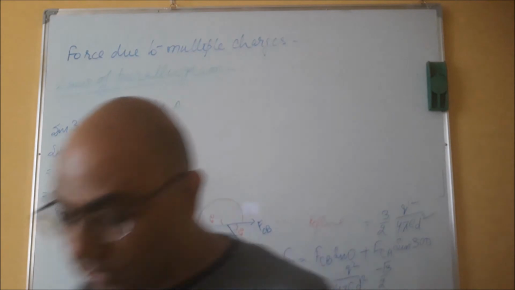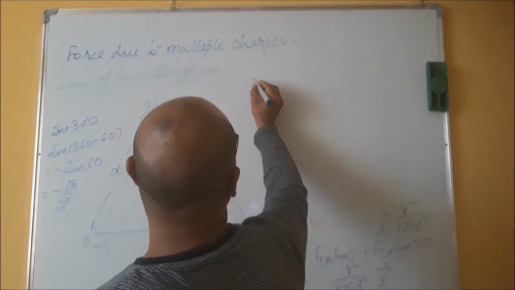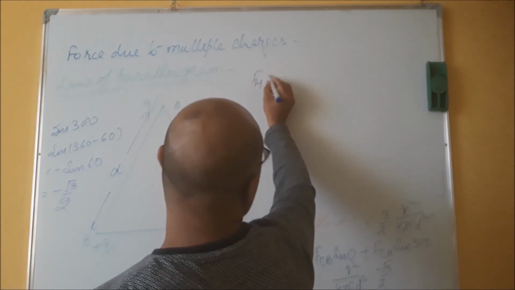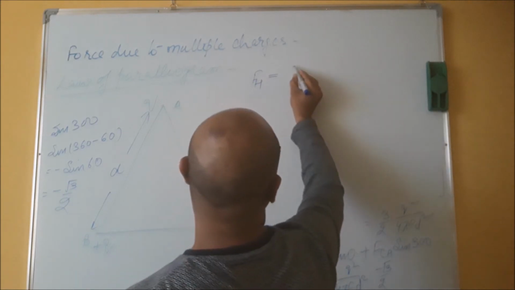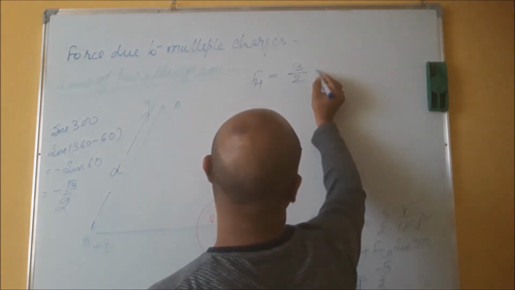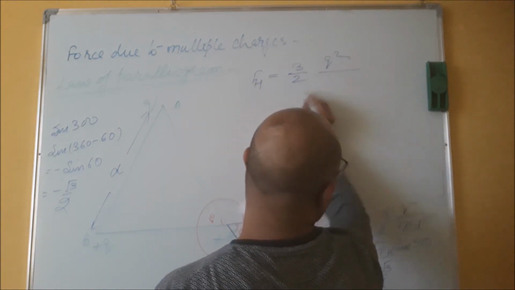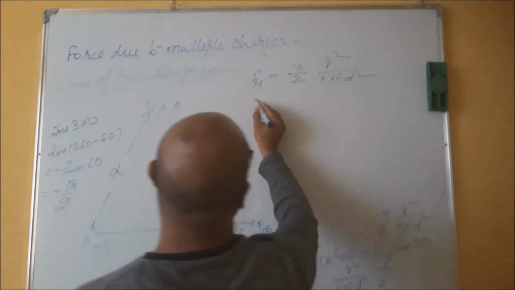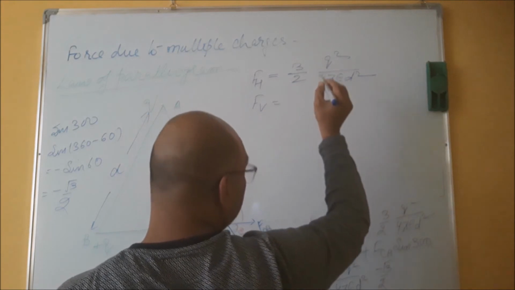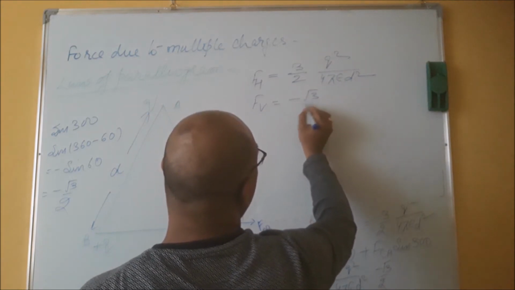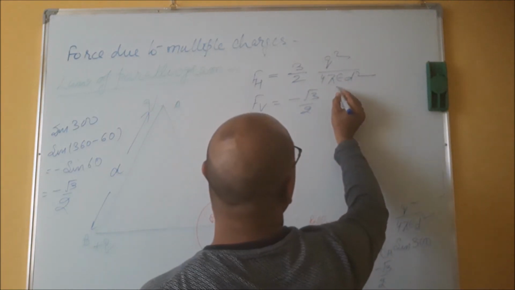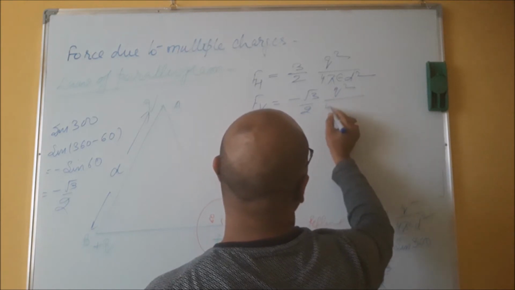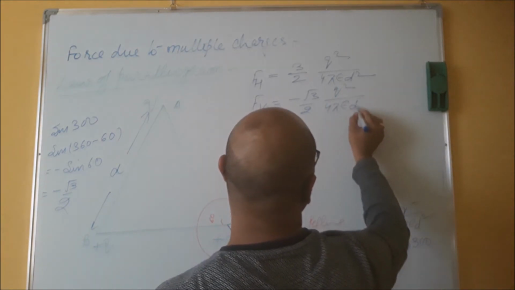So we get FH is 3 by 2 q square upon 4 pi epsilon d square, and FV is minus root 3 upon 2 q square upon 4 pi epsilon d square.